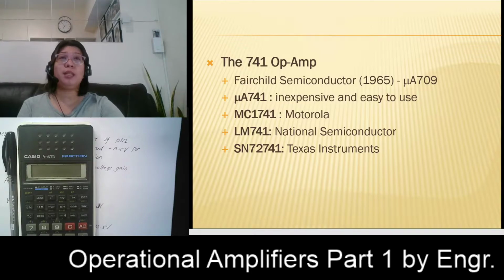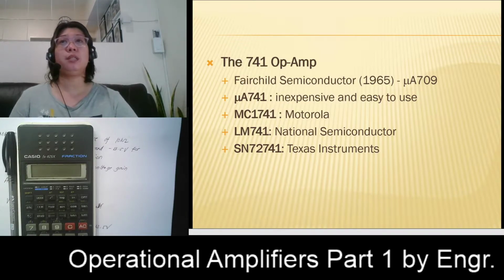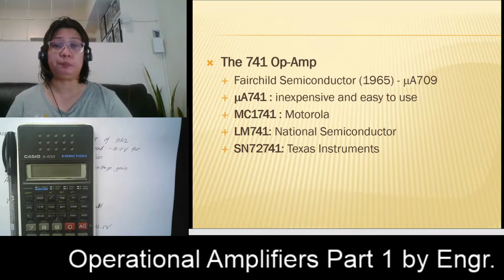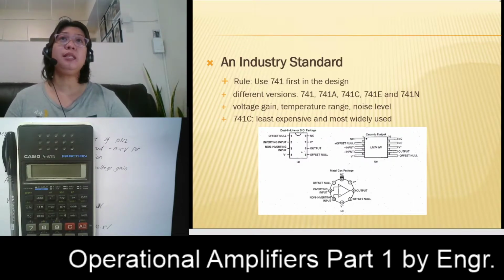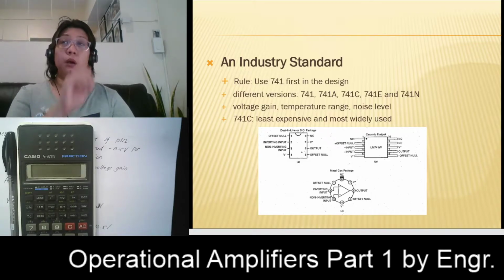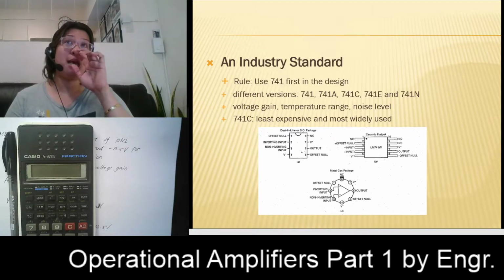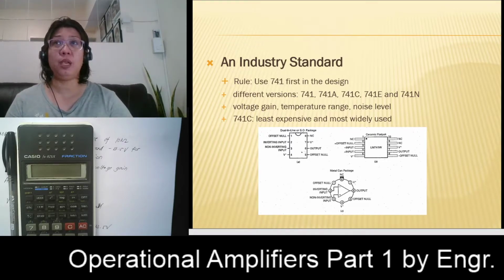Why 741? Because this is the most widely used operational amplifier, and since it is the most widely used, we call this an industry standard. What do we mean by an industry standard?